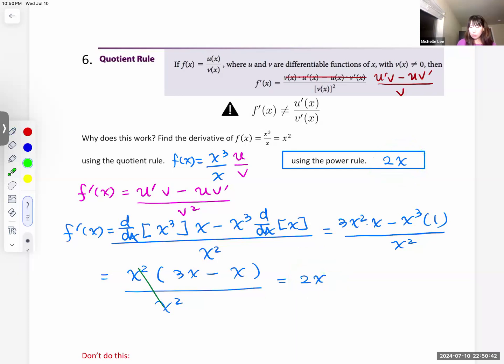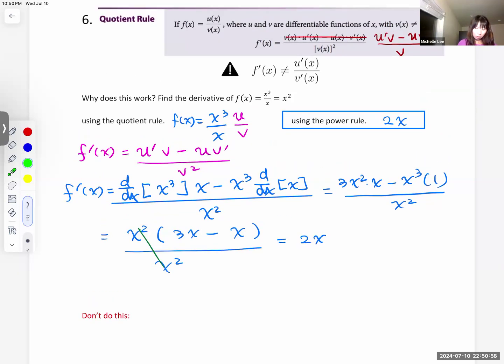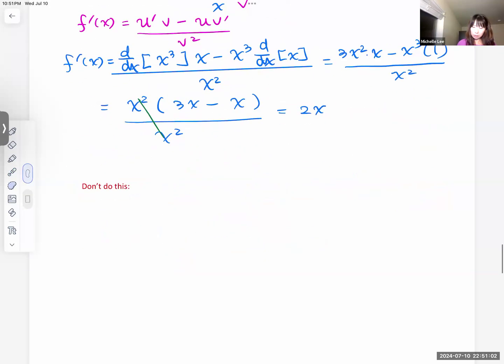Yeah. Don't do this: u prime over v prime. Here, u prime is on the numerator and v prime on the denominator, right? Don't do this. Let me copy this.